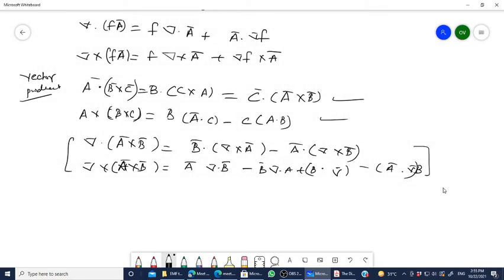Okay, now come to the rectangular function.